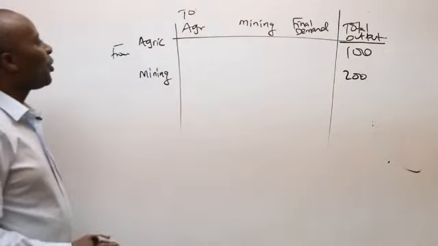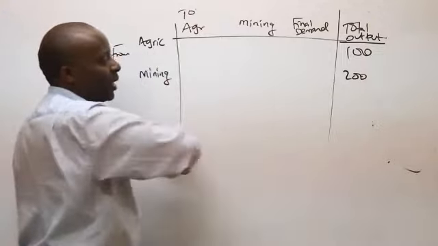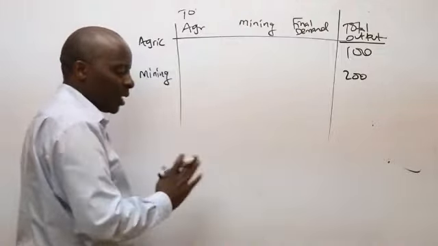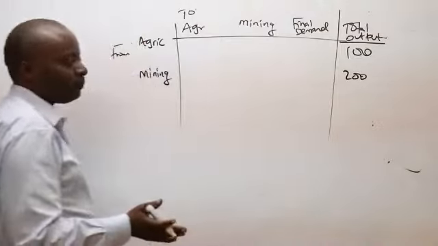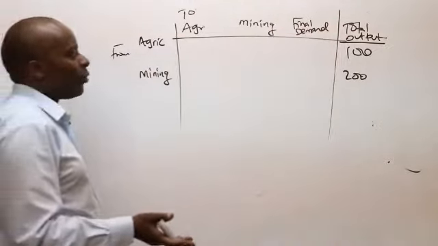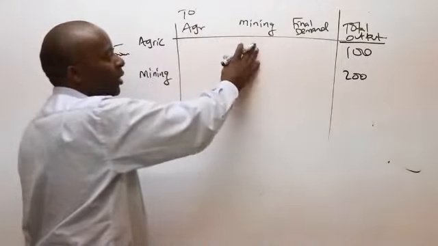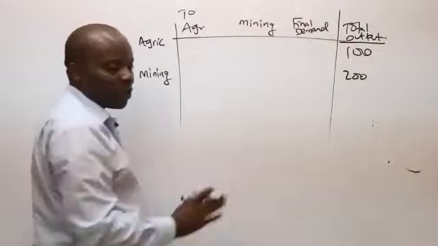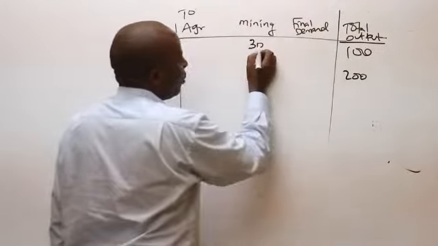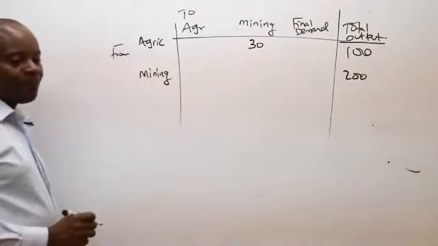Now from agriculture, in the year, there will be quite a lot of transfers between departments. That's very normal. Transfers between sectors. For example, agriculture could have sold some bags of maize to the mining industry, say 30 kilograms to the mining sector.